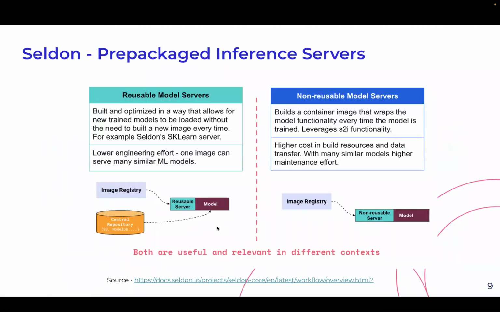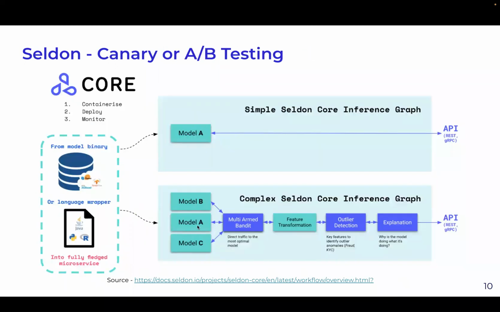Suppose model A is already in production, and you get model B and model C as improvements to model A based on some criteria. You want to test them in production, so you route the incoming traffic in proportions like 70 to A, 20 to B, and 10 to C. You can decide these proportions as needed.